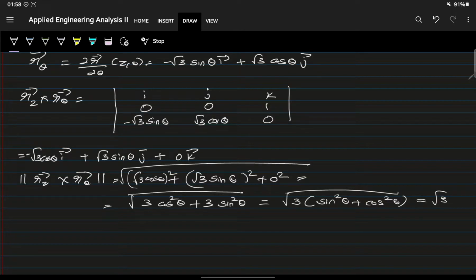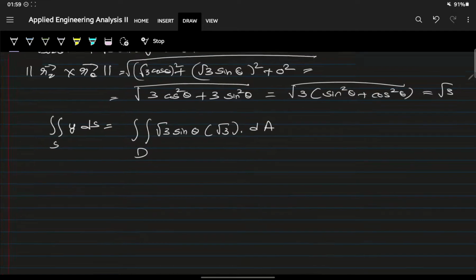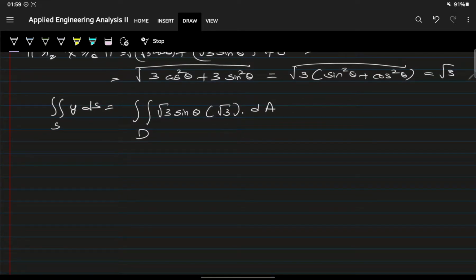Root 3. Now let's calculate our surface integral. Between the value of y is root 3 sine theta, and cross product magnitude is root 3 dA. So 3 sine theta.